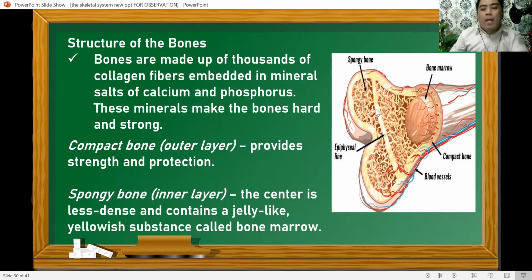While pag binuksan natin yung buto, minsan 'di ba pag kumakain tayo ng buto ng manok, tapos pag ninangat-ngat natin yung buto, pag nabiyak na yung buto, makikita natin na parang mga spongy or parang hindi siya buo doon. So yun ang tinatawag na spongy bone. So, makikita yun sa center ang tinatawag nating bone marrow. Okay.